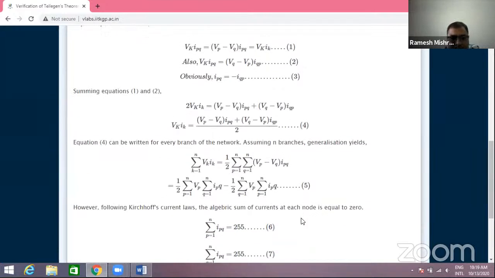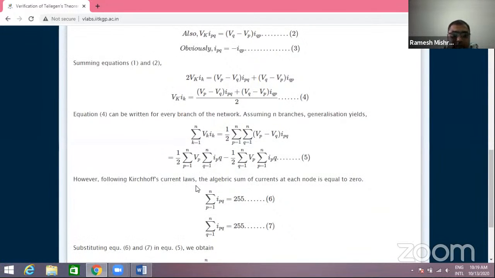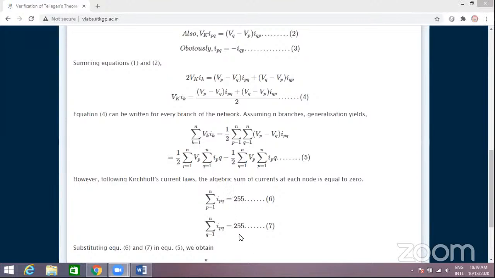And then, if Kirchhoff's current law is followed at the node, you can write the summation of Ipq from 1 to n as a constant value, and the summation of current Ipq of this type gives a constant value, whatever value is given there.